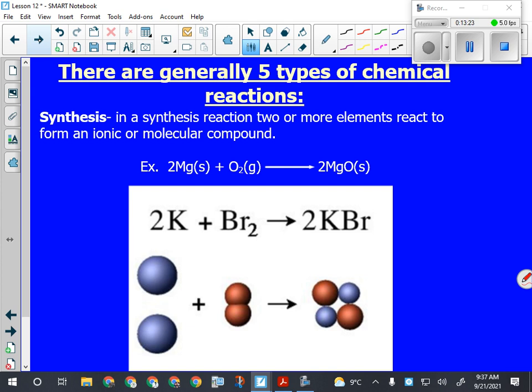In a reaction, this side is called the reactants because they'll react. That makes sense. And this side is called the products because it's what's produced. For once, chemistry made sense.